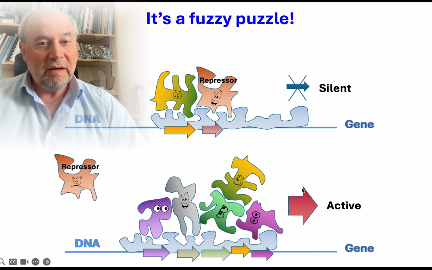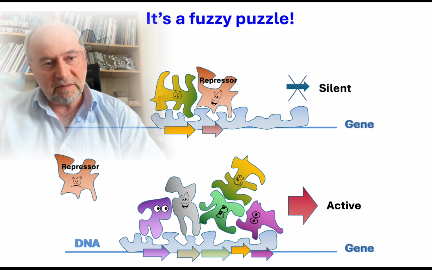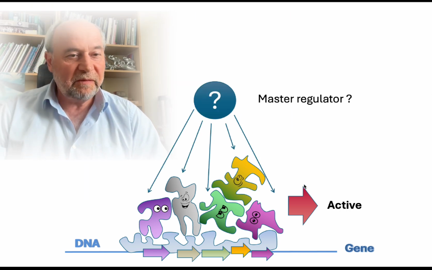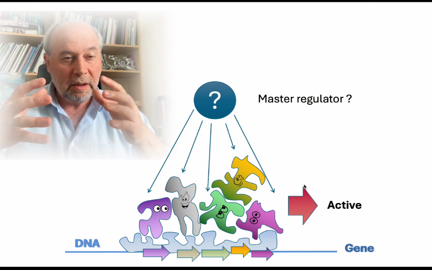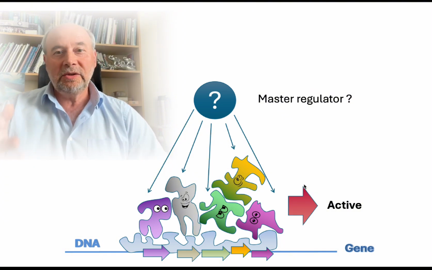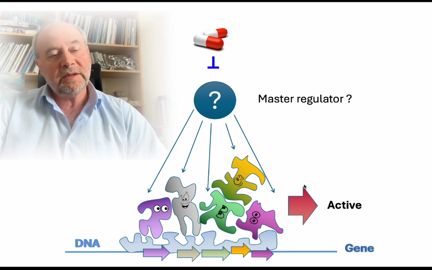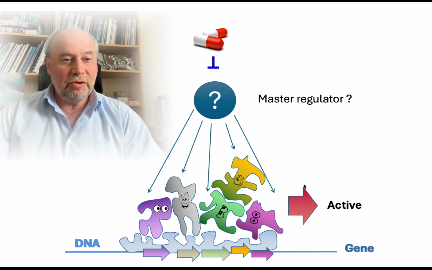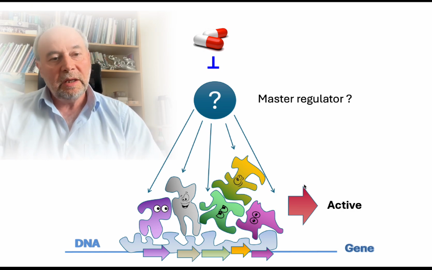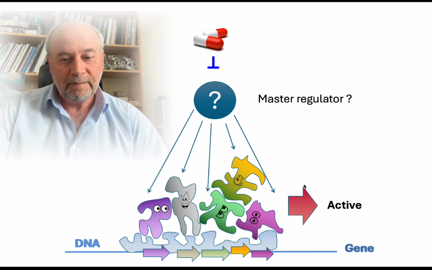Once they find them, they bind together in a complex and activate the gene. So when we find those transcription factors which were working together in binding to those target places, we then, as I said, search for master regulators, and once we find them, we can search for new drugs which can interact with those master regulators. All right.